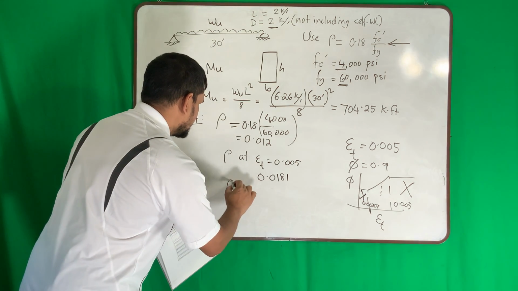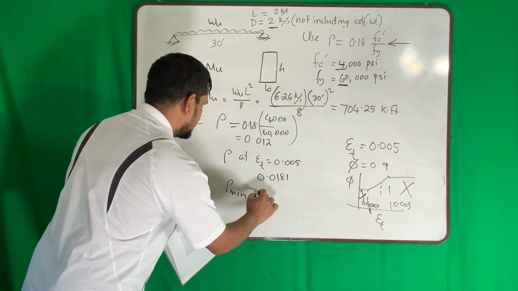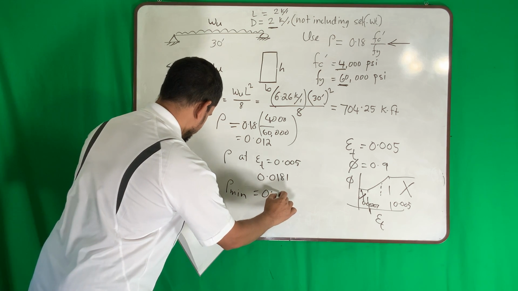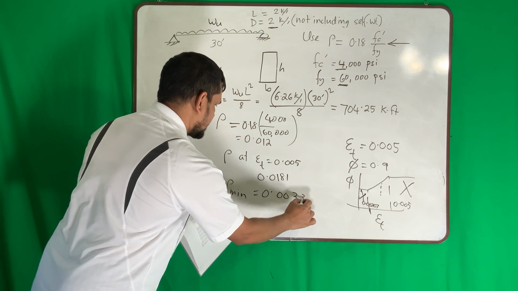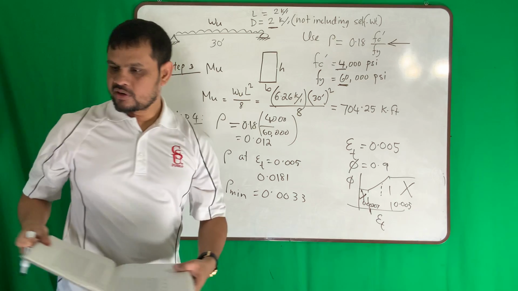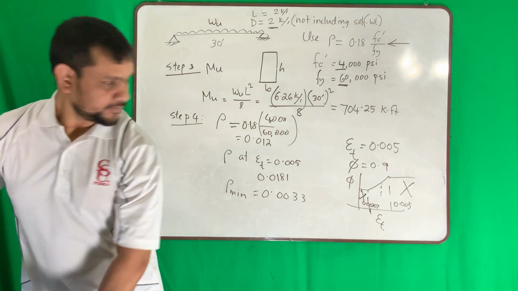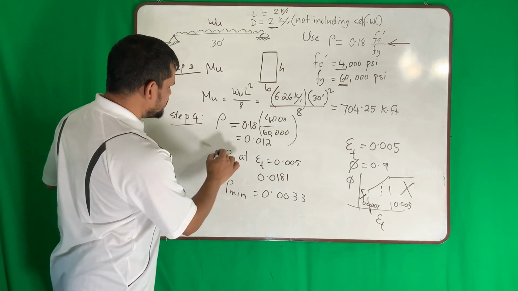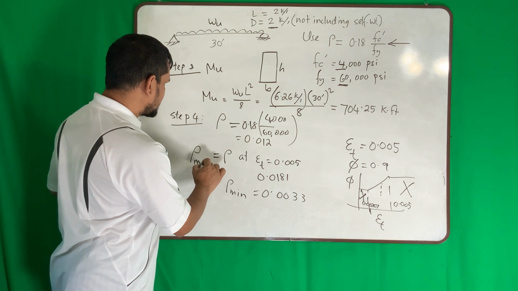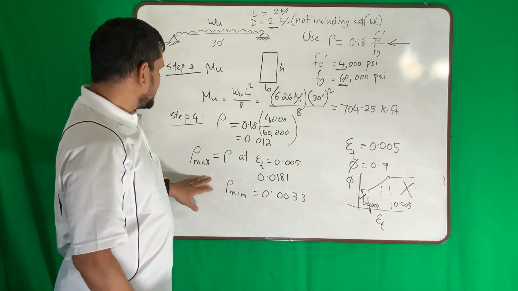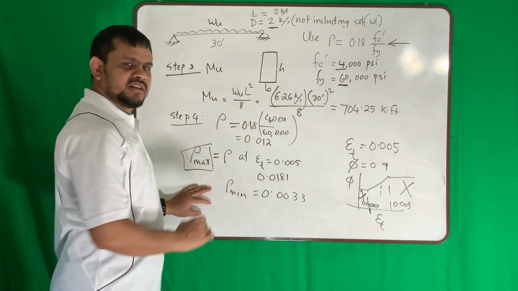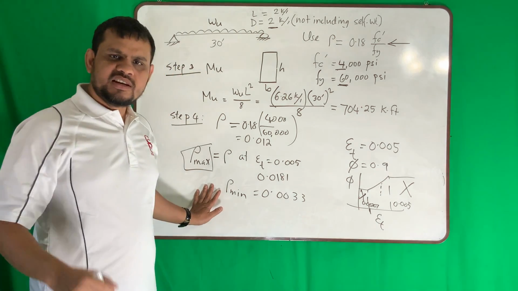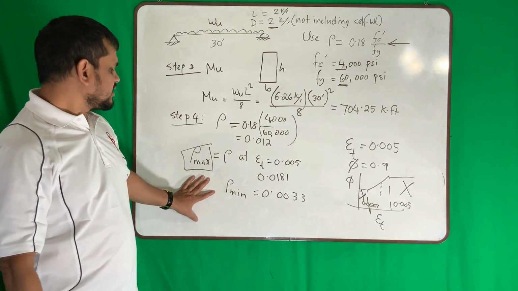And what is rho min? Rho min is given as 0.0033. Yes, so I got these values. Now, sometimes we call this rho max. But it is not actually rho max. It is our design terminology.